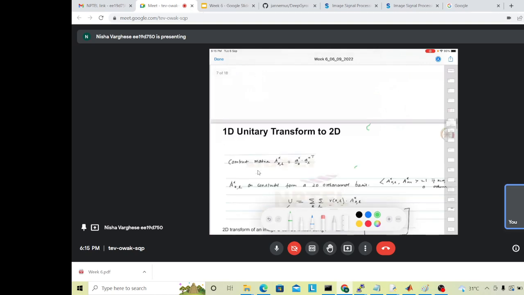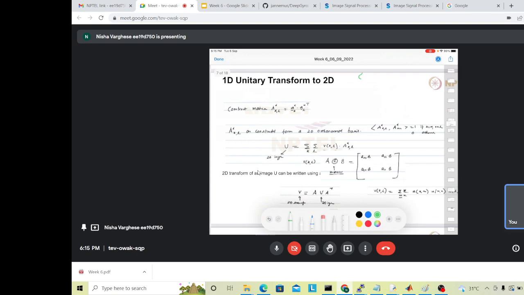But our aim is to find out 2D transform using 1D transform. Since we have 2D images.